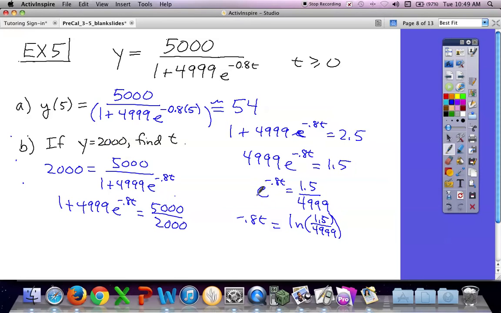Take the natural log of e, what do you get? The exponent. Then divide by negative 0.8, and that equals 10.14.